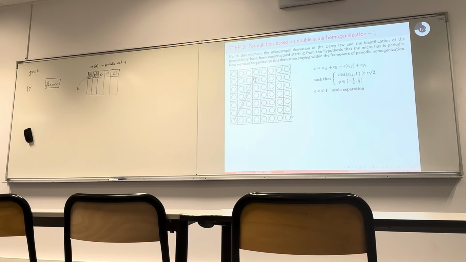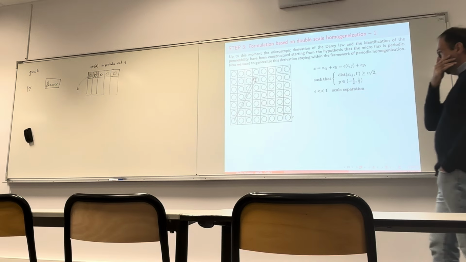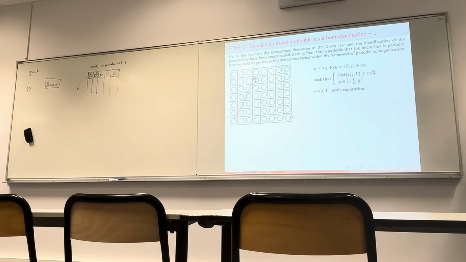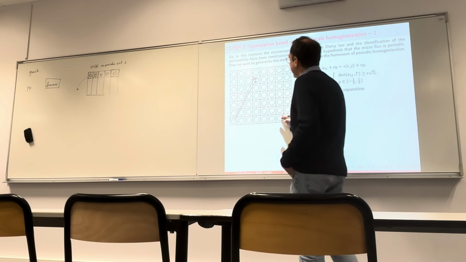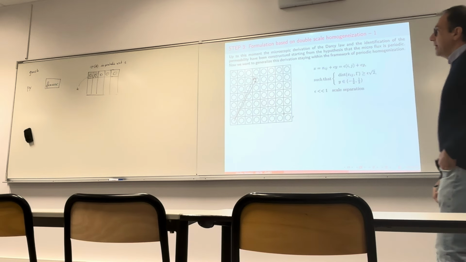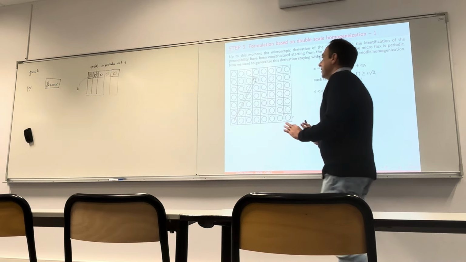Essentially, this is also what you have seen during plenty of presentations during the summer school, the autumn school. So the idea is this: imagine that you have your periodic microstructure. This could be something like that.